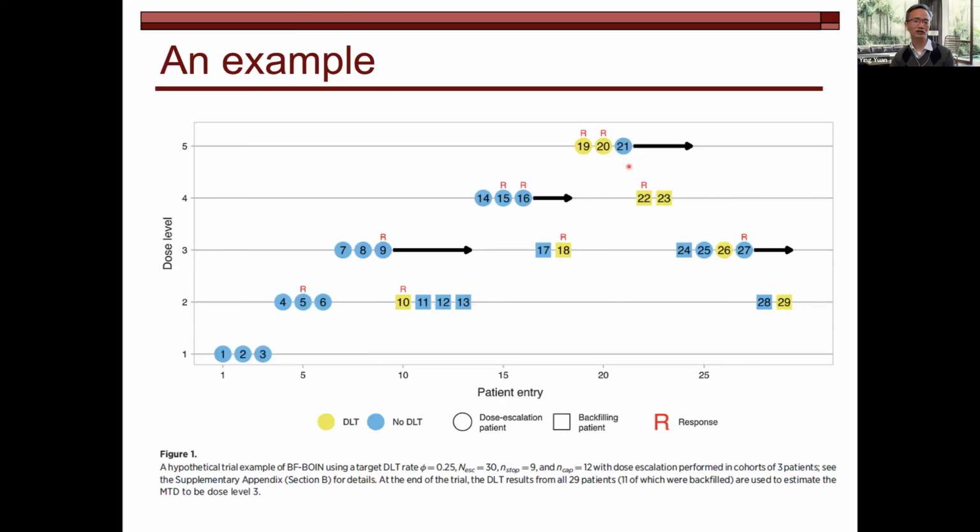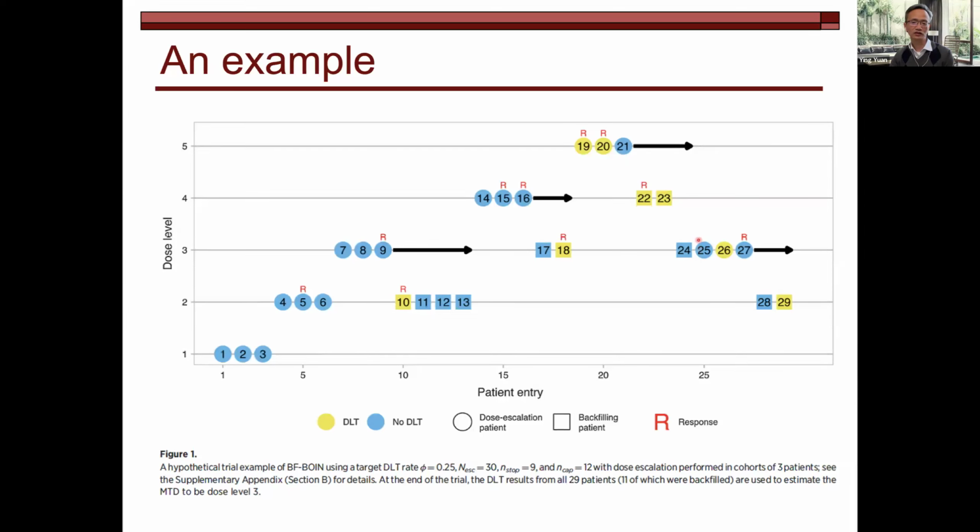When you put them together, you will see the toxicity rate still exceeds the 30% de-escalation boundary. In this case, we stop backfill to dose level 4, and we put patient 24 in backfill to a lower dose, because that dose is still safe and qualified for backfill.